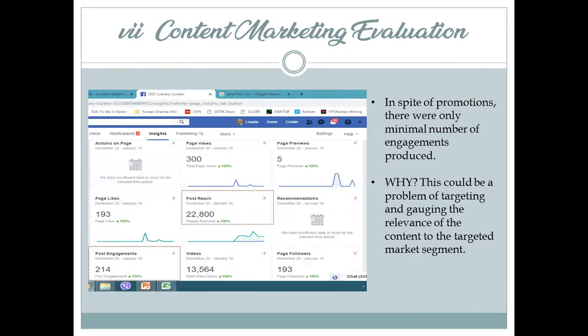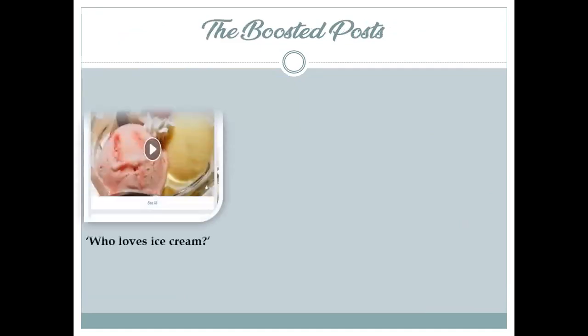The relevance of the post could actually be among those people who could easily go to those restaurants, not necessarily those who haven't flown to the Philippines just yet, or who wouldn't even consider flying to the Philippines. So that's one realization.